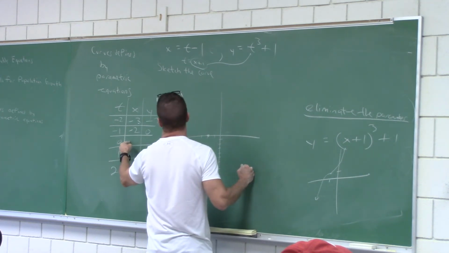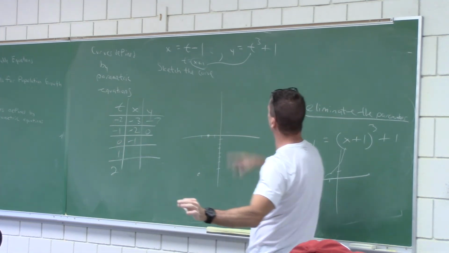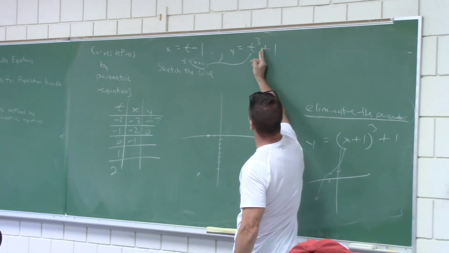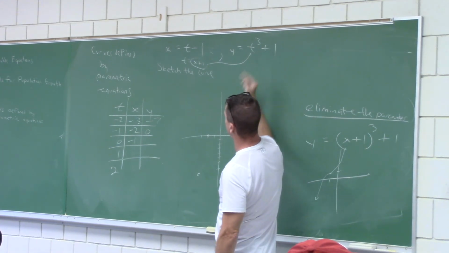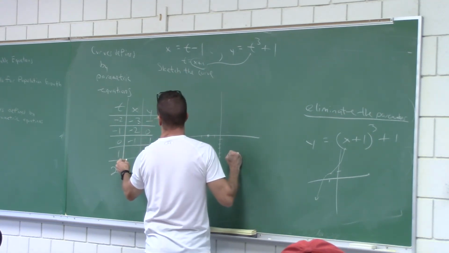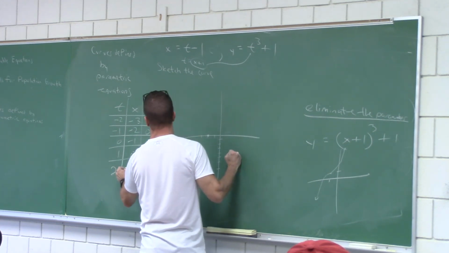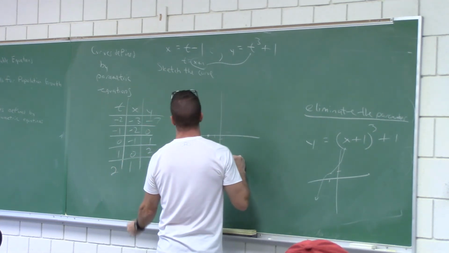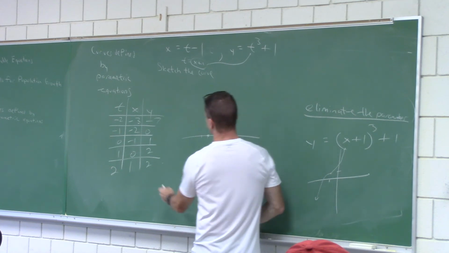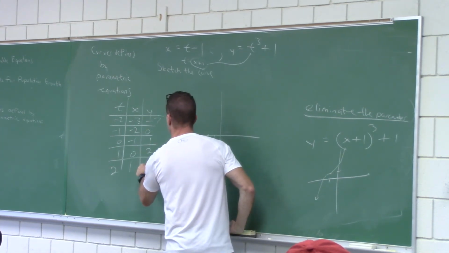I plug in -1 there, -1 cubed is -1 plus 1 is 0. And then 0, I get -1 and 1. How about a 1? 0 and 2. And when I cube that too, that's 9.